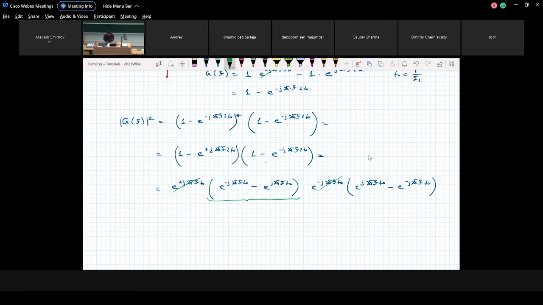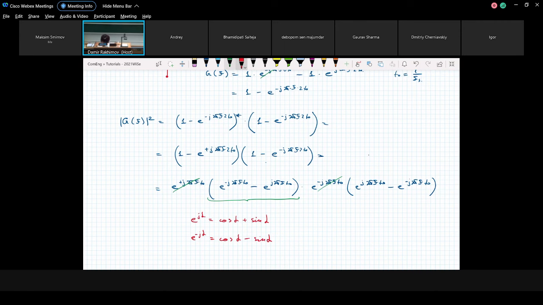There is actually a hint in the task. You may not have this hint, but anyway, you remember that we can represent exponential j alpha as cosine alpha plus j sine alpha, and exponential minus j alpha as cosine alpha minus j sine alpha.